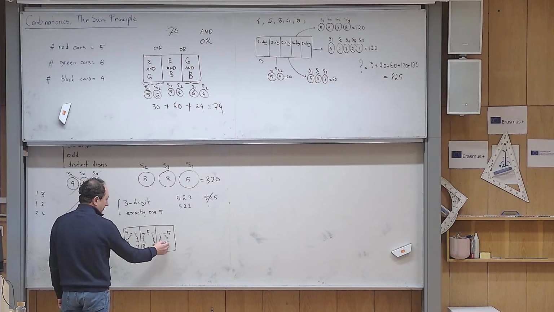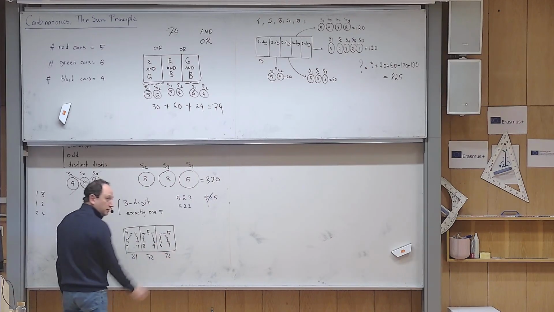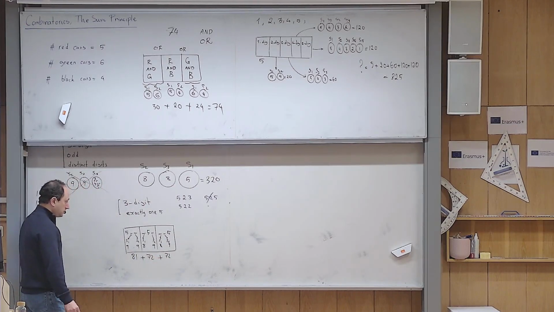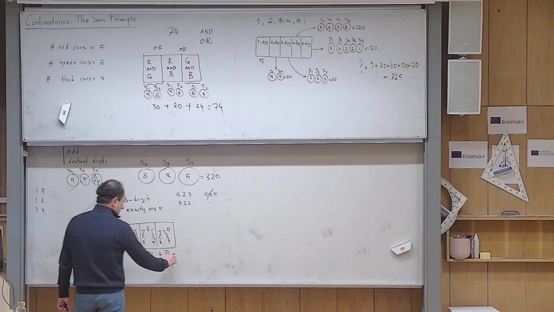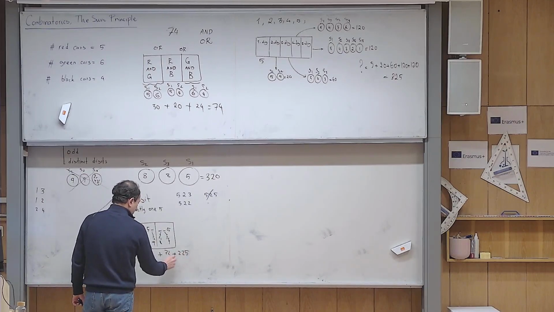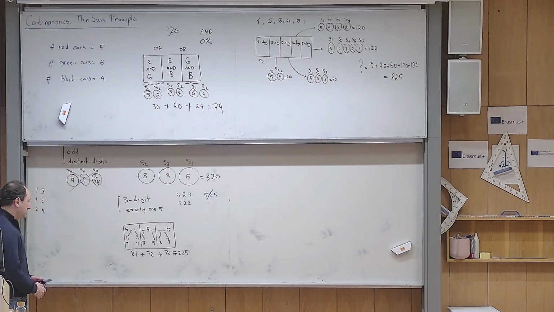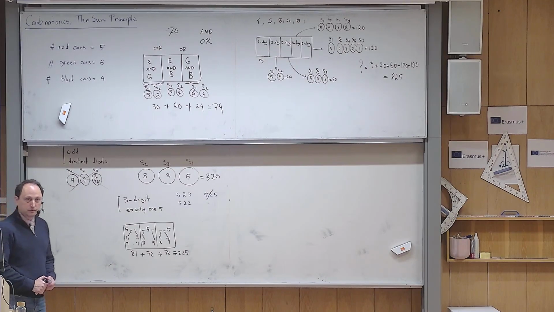And here? 9, and this stage is independent. So this is 72, another 72 here, and then you add them up. So what's the answer? 225. Am I right? Yes, so there are 225 numbers.